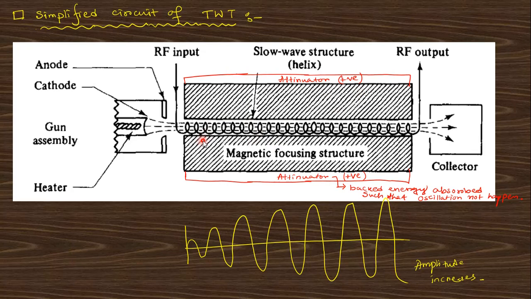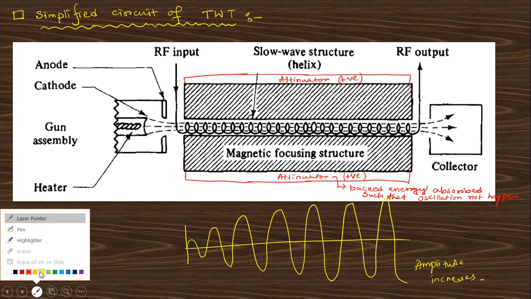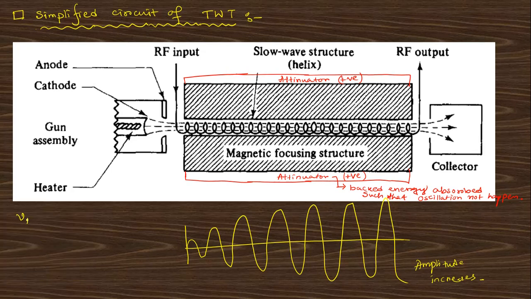So we need to take the energy from electron to RF power, so we need to interact the electron and the RF power. But if you see, the velocity of the RF power is greater than the electron, so their interaction is not possible.